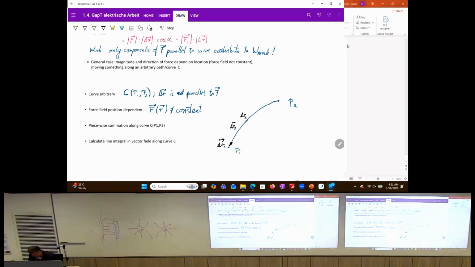So your tangent here is changing, and you also have a force vector here, and that can be different too.